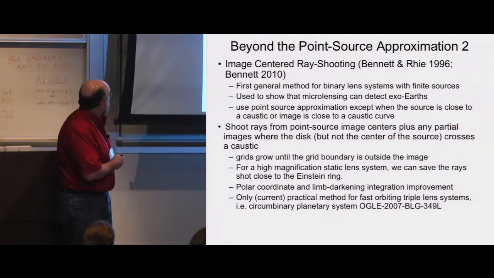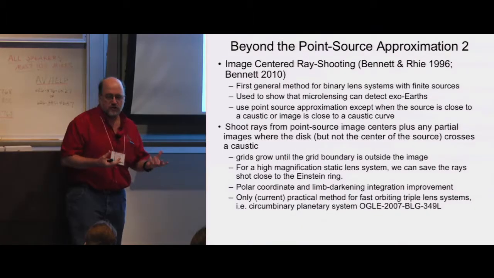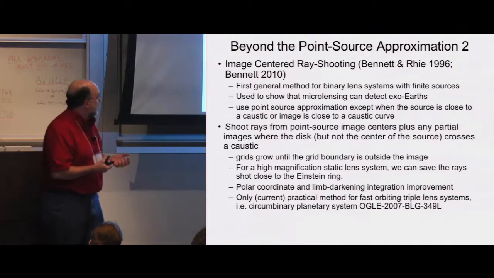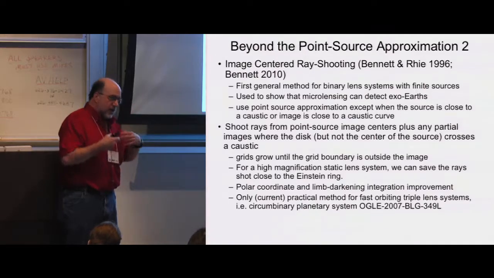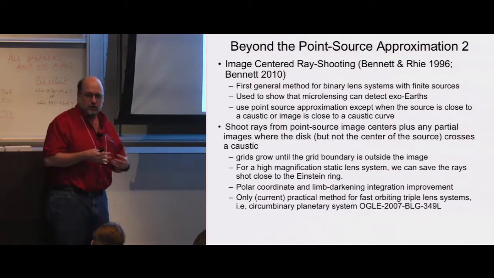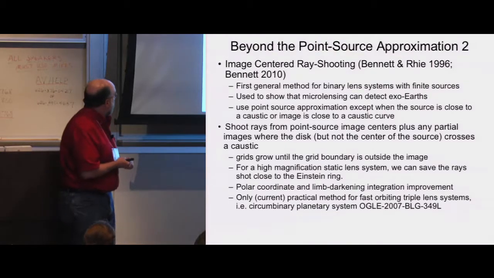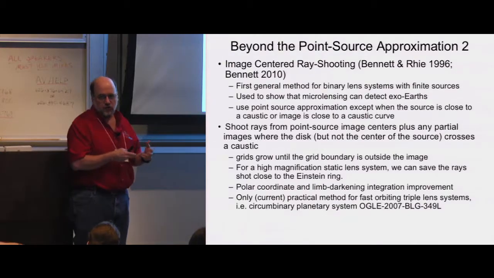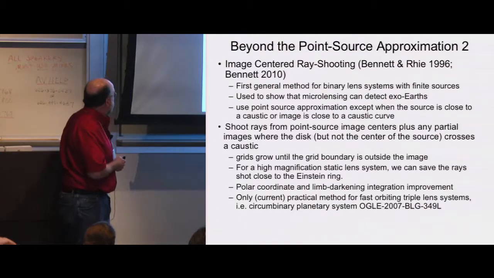And then the method that I use is this image-centered ray shooting. Basically, we solve the single lens equation, find the locations of the images, and then start building integration grids at the location of the images. We also have to identify any caustic crossings to make sure that we build image grids there.